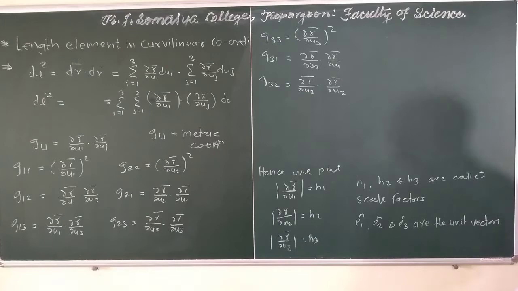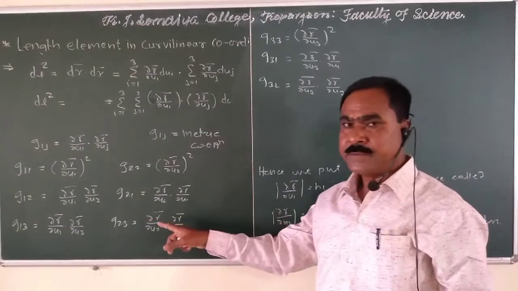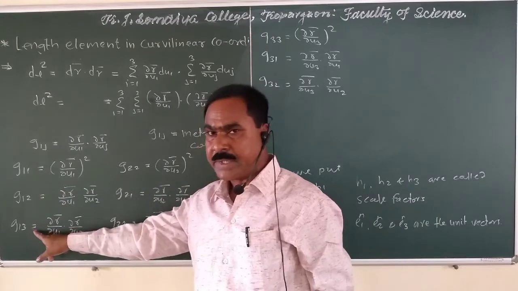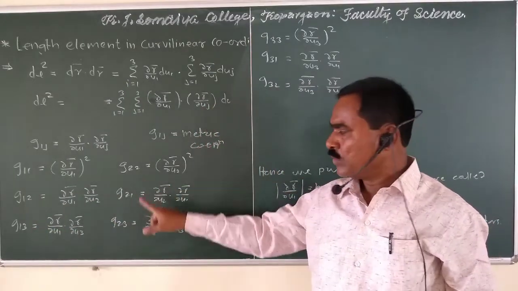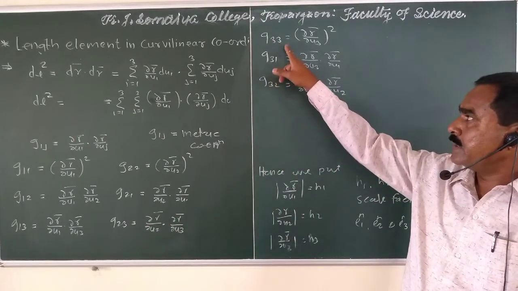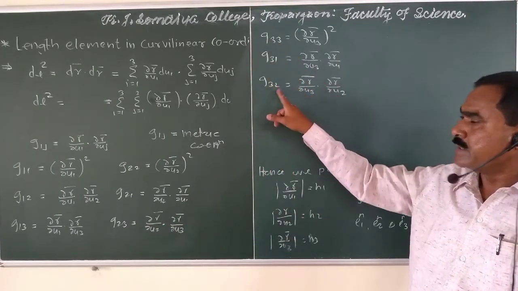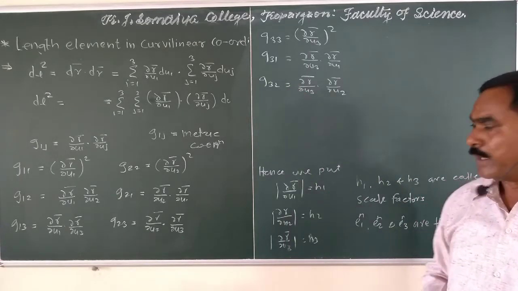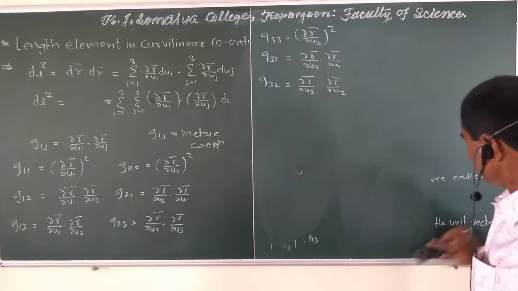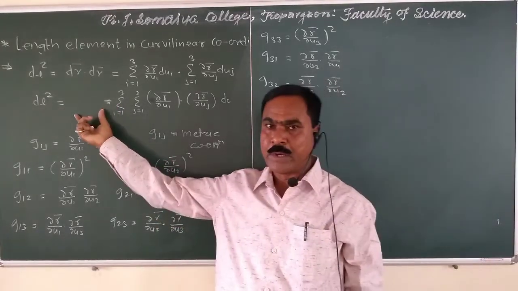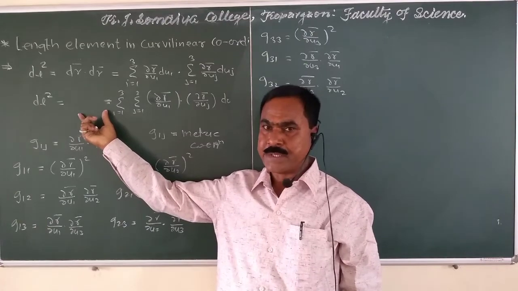Okay. So we have obtained here the metric coefficients g11, g12, g13, then g22, g21, g23 and g33, g31 and g32. So we substitute these values of the metric coefficients in the length element.